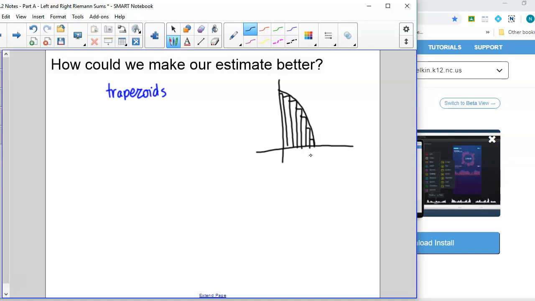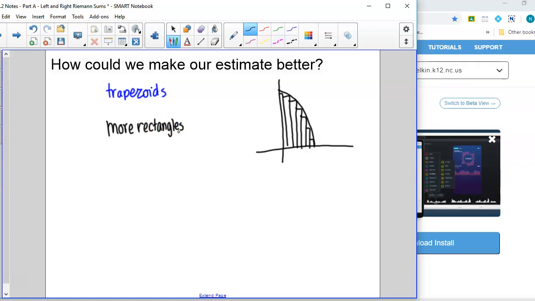So if I'd used 8 rectangles instead of 4 rectangles, then it would have been closer. Or if I'd used 10 or 15 or 100, it would be a lot closer, right? So more rectangles would be a good option.